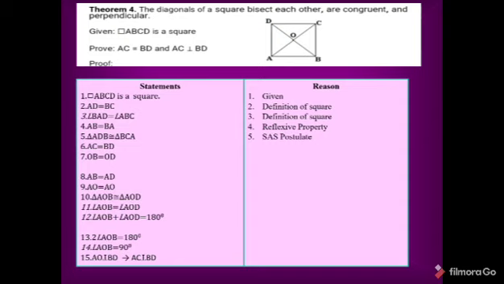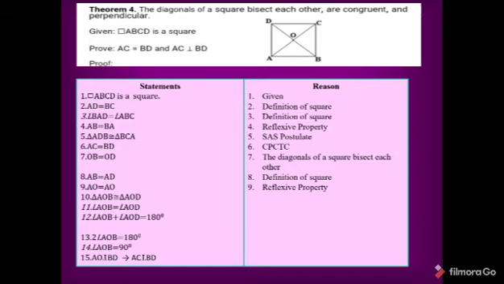How about number 6? CPCTC. Corresponding parts of congruent triangles are congruent. How about number 7? Yes, that's very good. The diagonals of a square bisect each other. Number 8, definition of a square. Yes, very clear, reflexive property.